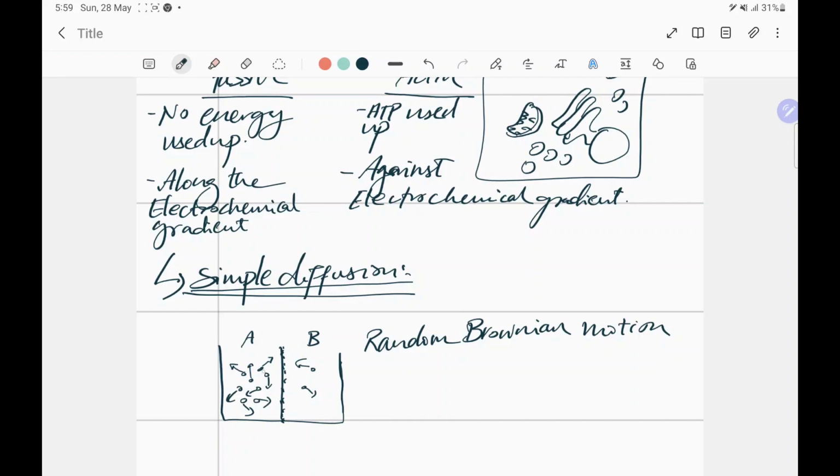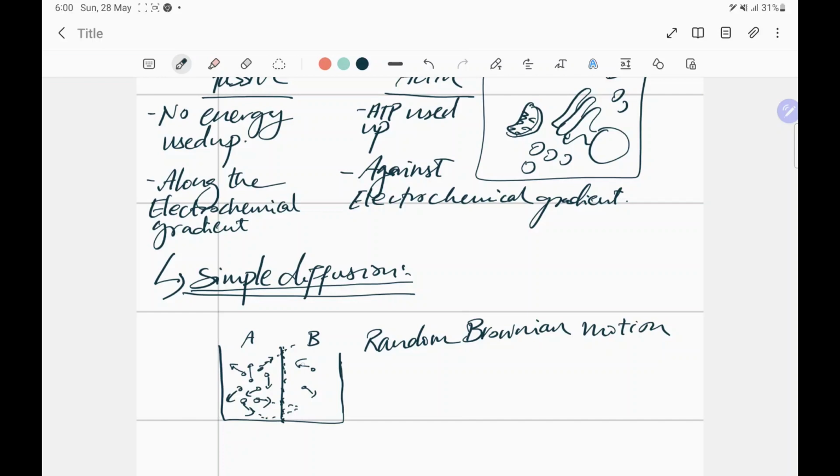The molecules are moving across left and right, up and down, in any direction in three-dimensional space. And there are more molecules in compartment A than in compartment B. So what's going to happen? Some of these molecules are going to move towards the membrane and eventually make it across. You see that? And some of them won't.